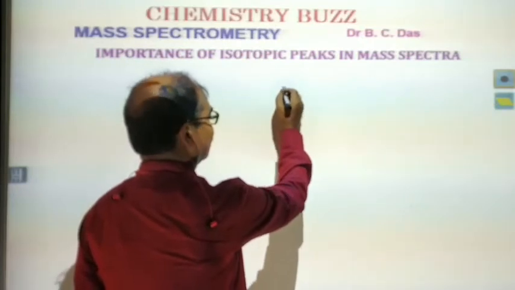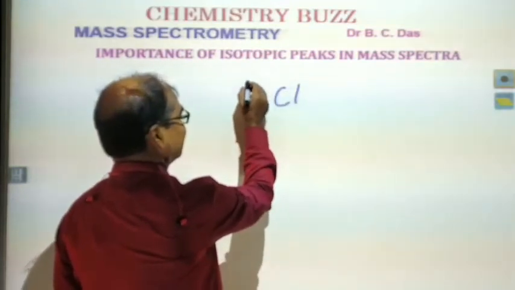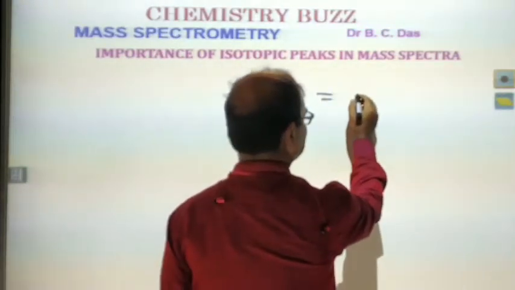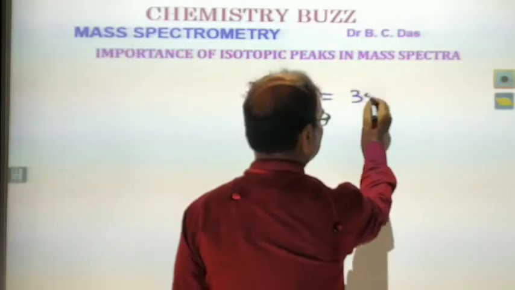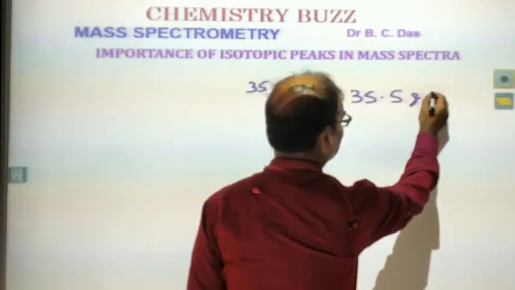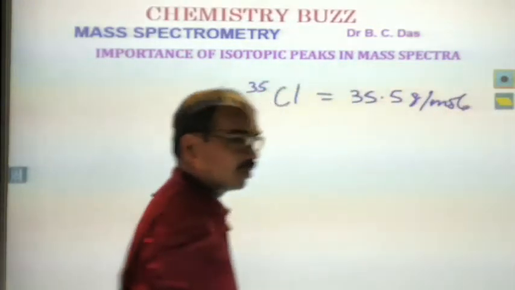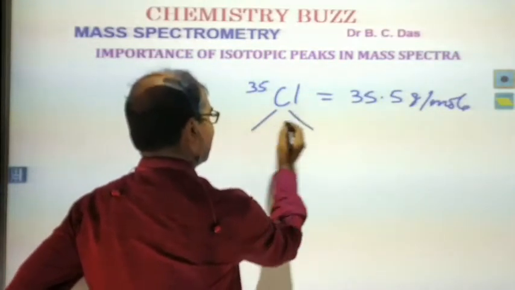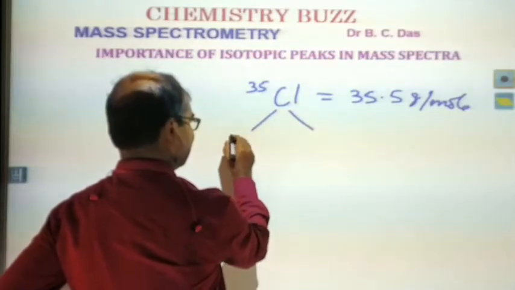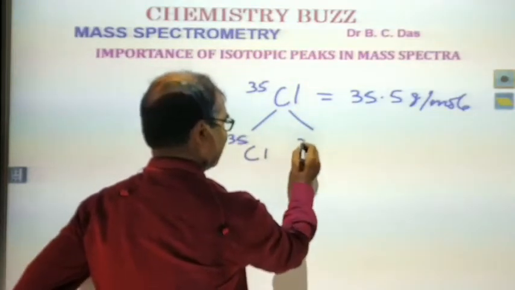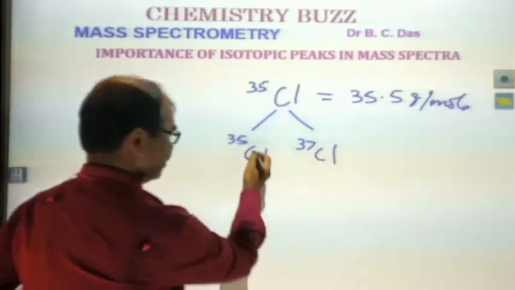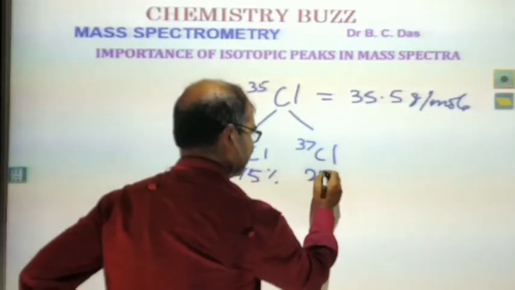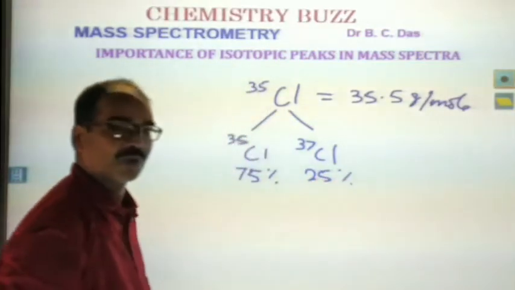Say we have chlorine. Its mass number is 35, but its atomic mass is 35.5 grams per mole. This chlorine has two isotopes, 35Cl and 37Cl, at 75% and 25%.